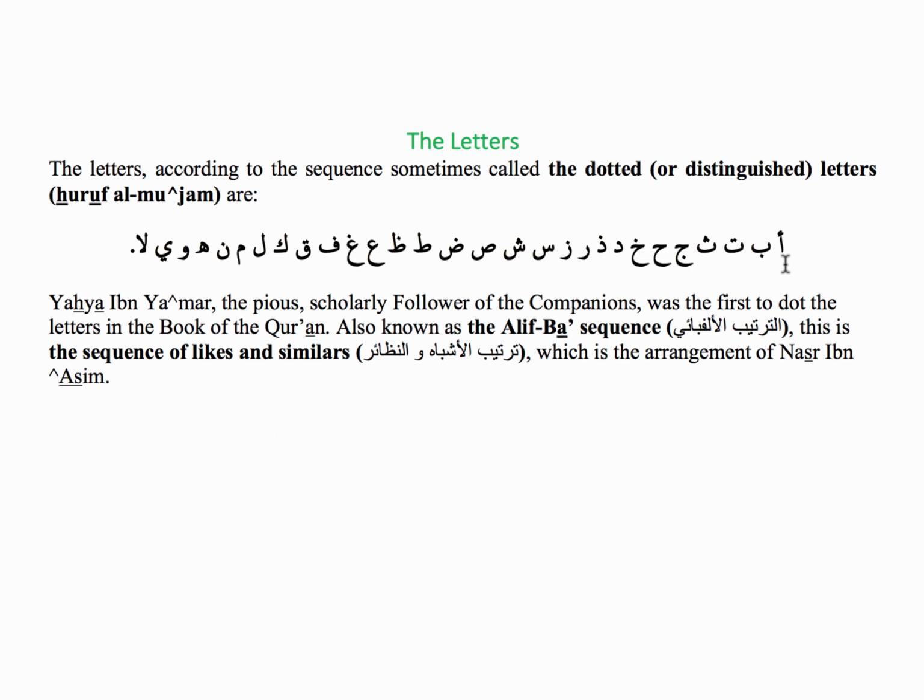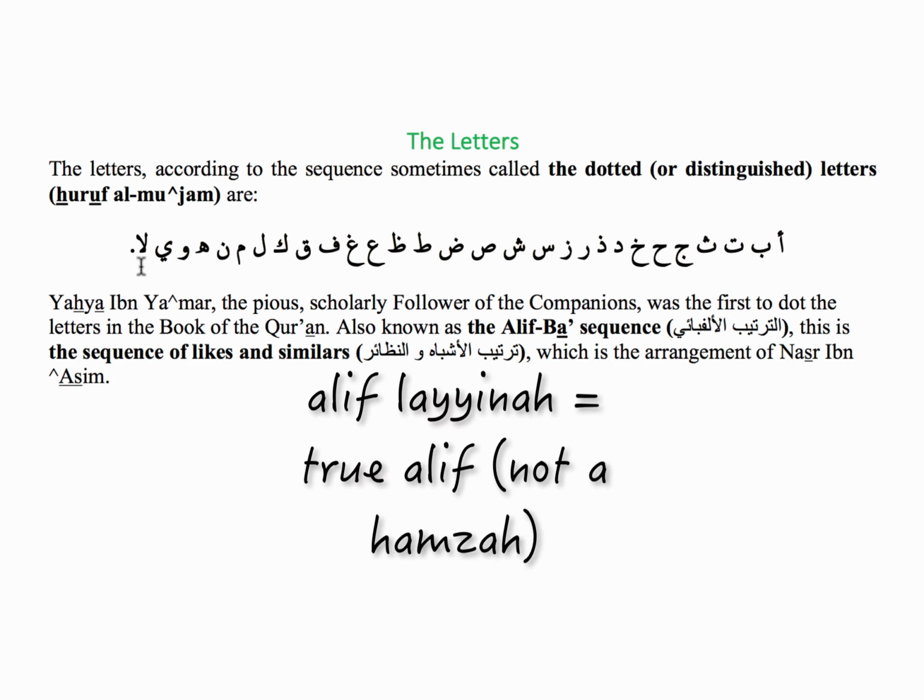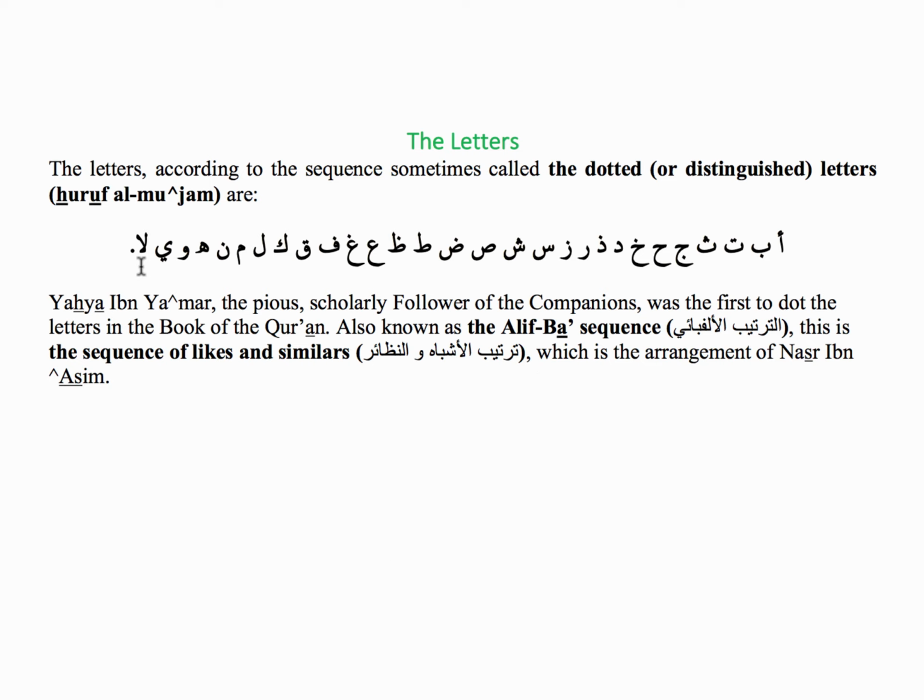As for why we say lam alif at the end, the reason is to recognize the extension letter, which is the true alif that is not a hamza. The true alif that's not a hamza is called alif layyina, soft alif. And this alif layyina always has to have another letter in front of it.